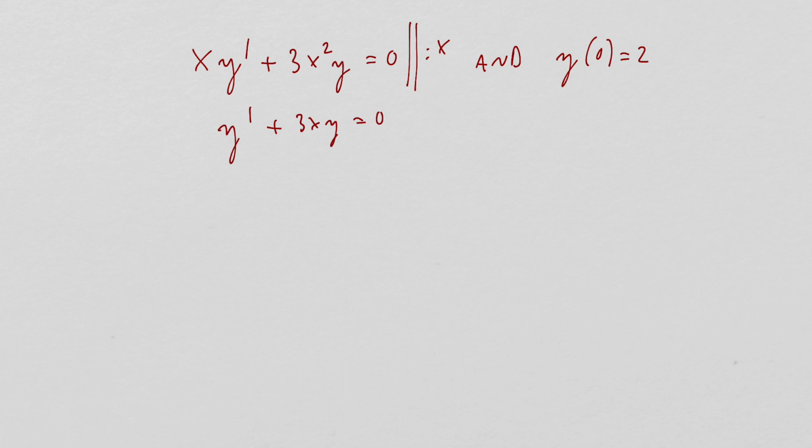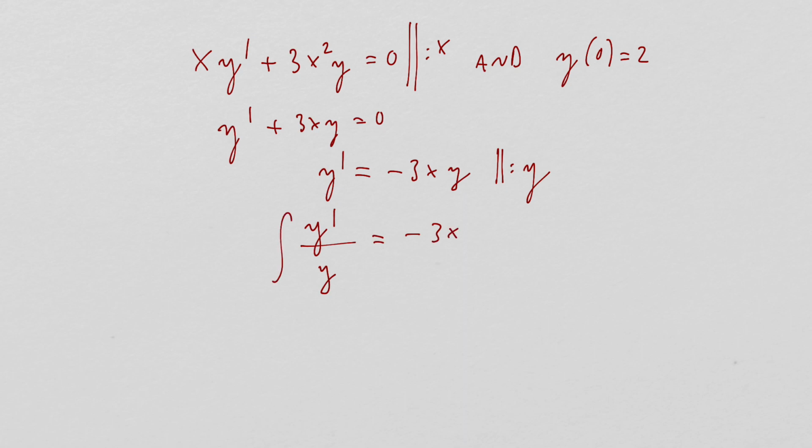Let's shift the second term to the right hand side, and let's divide by y. Let's integrate in both sides. In the left we get natural logarithm of absolute value of y, and in the right hand side we get minus 3x squared divided by 2 plus a constant.